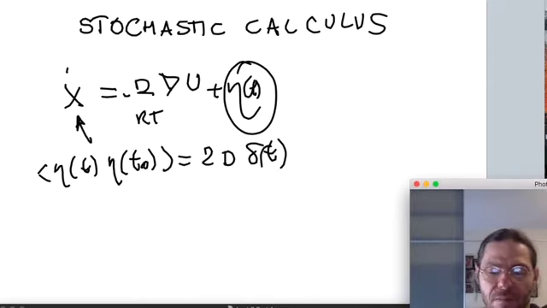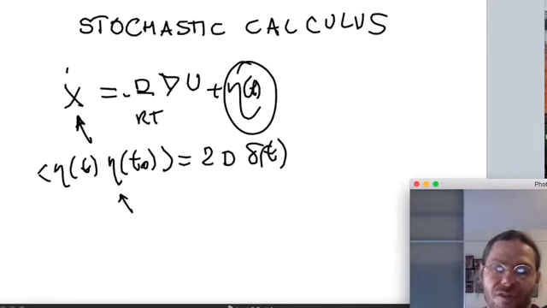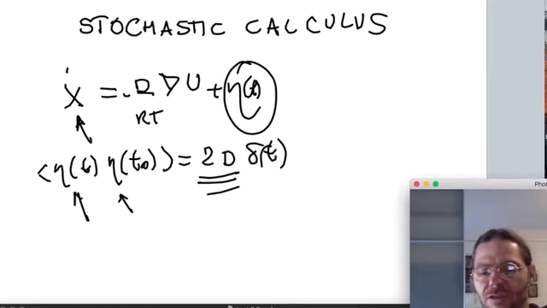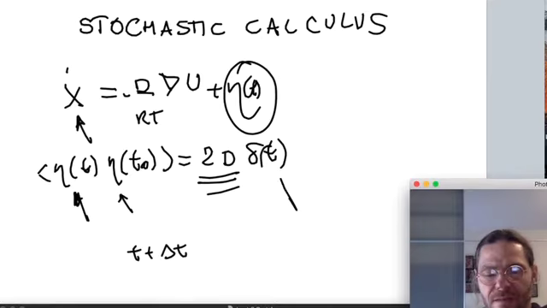Now, I've explicitly used here the diffusion coefficient, and this is the fluctuation-dissipation theorem for eta and not for psi, so there's a rescaling of the factor on the right-hand side. Now, what does it mean that you have a delta correlated force? That the value of the function at time t plus delta t, after I discretize this equation to level delta t, is completely uncorrelated to the value at time t because of this delta function.